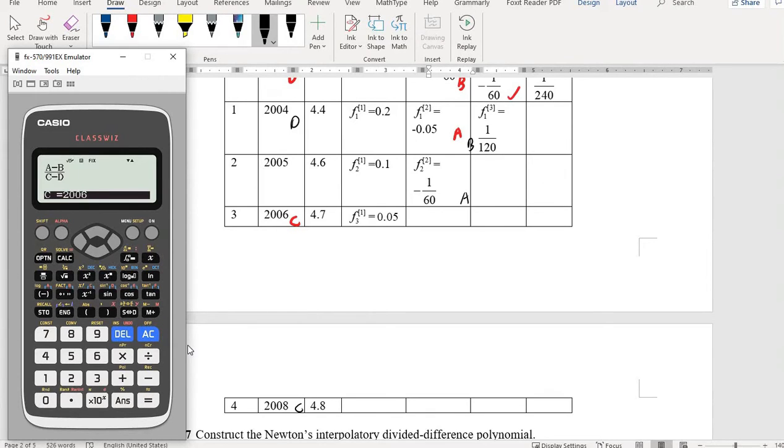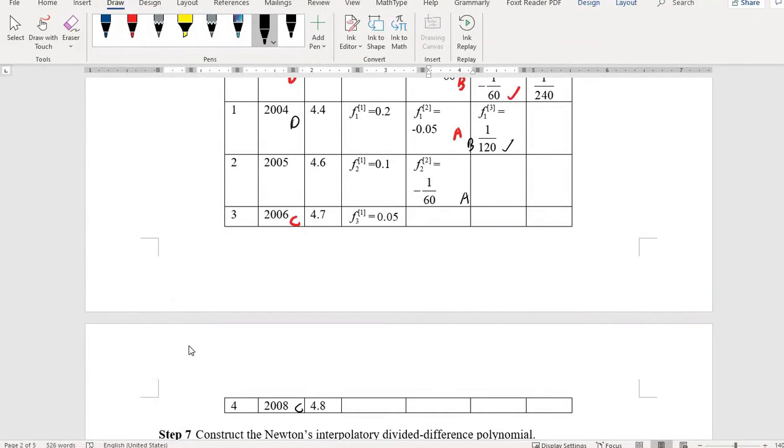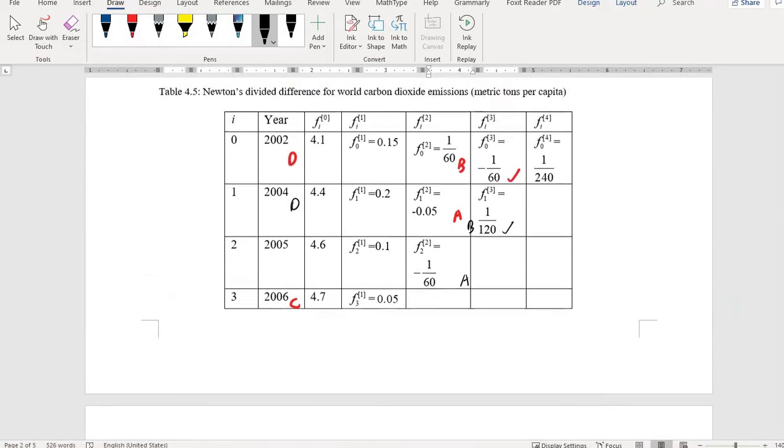C, the black color, is 2008. D is 2004. You get 1 over 120. This is the third level.